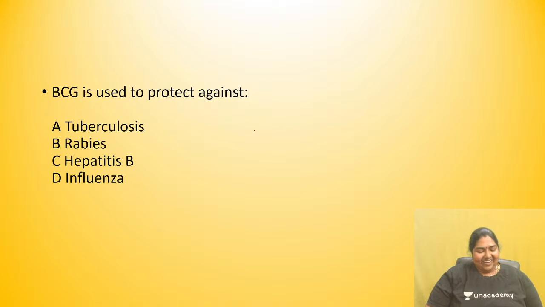Okay, guys. So BCG. It is used to protect against which of the following? Tuberculosis, rabies, hepatitis B, influenza.